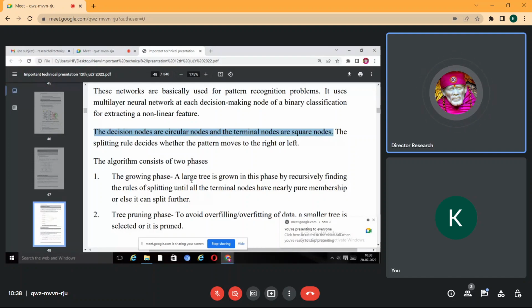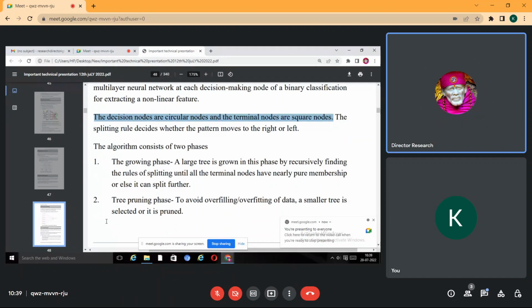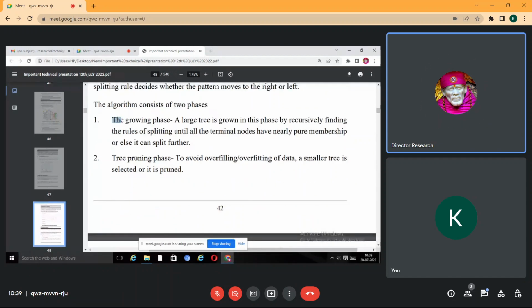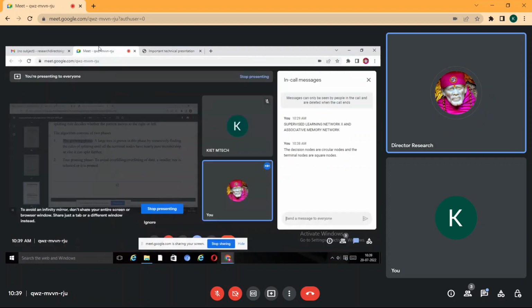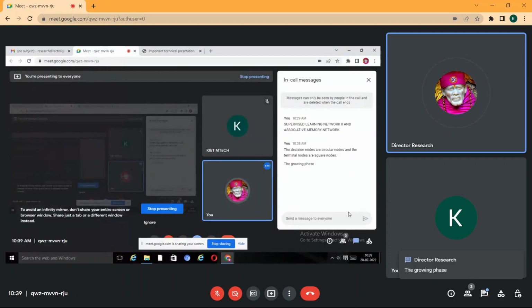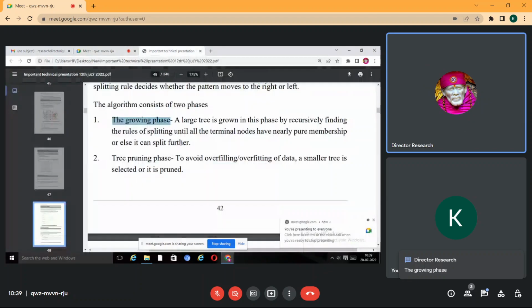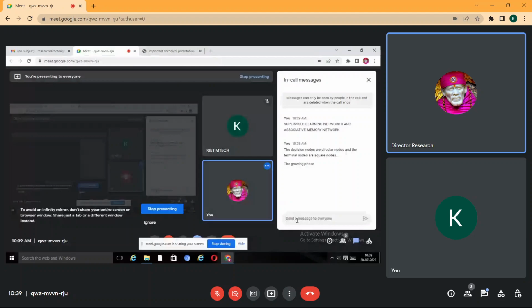The algorithm consists of two phases. It is a very important algorithm from the application point of view. One is called the growing phase. The other one is called the pruning phase.